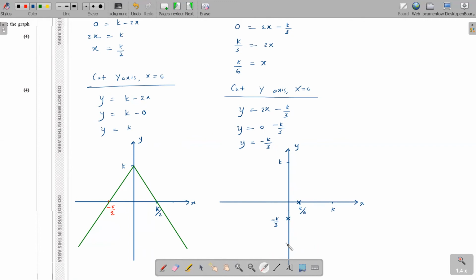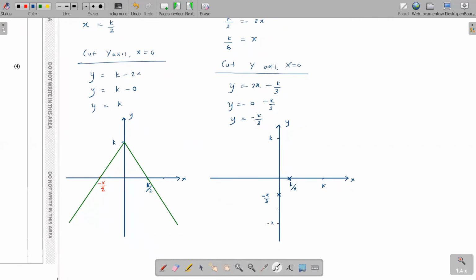Try to keep a scale, because at the end I have to compare these two graphs. Then when I draw my straight line, I end up getting a graph like this.